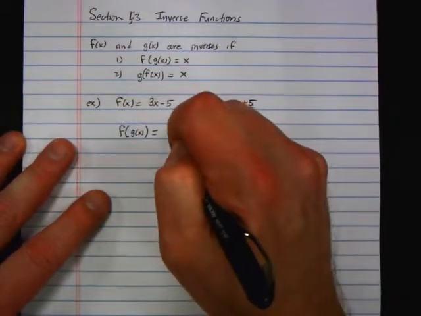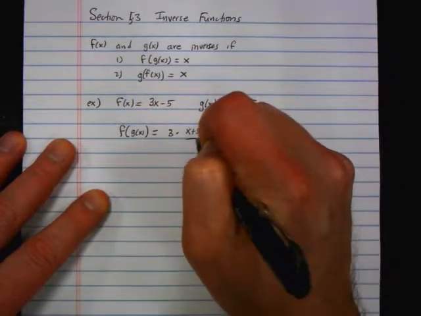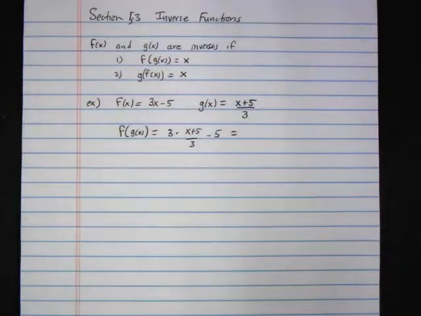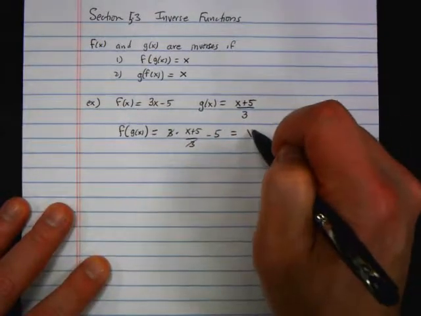So we would have 3 times, I plug in the x plus 5 over 3, minus 5. I simplify that. When I simplify, I get x, because I can reduce the 3's. X plus 5 minus 5, that's x.